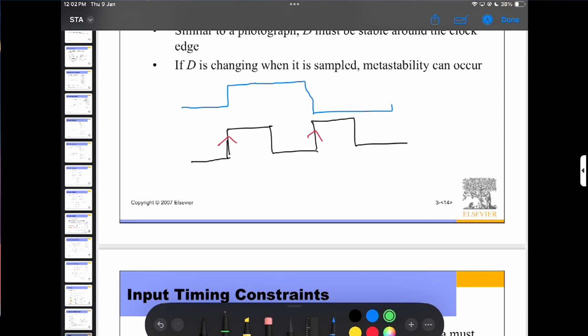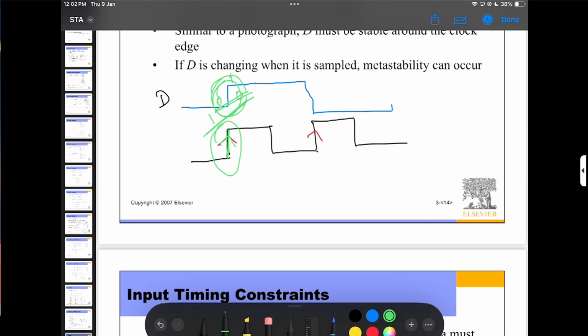In positive edge triggering, we see whether my input D is stable or not, because for a stable condition we don't switch from 0 to 1 or 1 to 0 at the period of time when my clock is triggered. Otherwise these are the conditions for metastability.